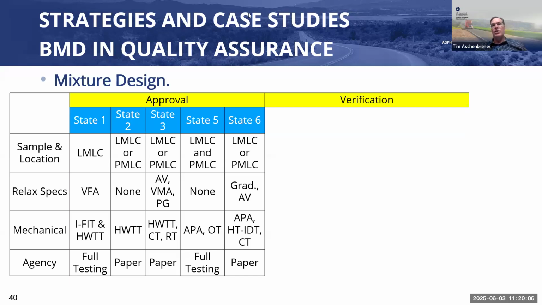At the time of bidding, the contractor can decide whether they want to use reheated samples or no-reheat samples. And based on the contractor's selection, they have different criteria. If there's a reheated sample, the criteria is a little lower. If there's no reheat, the criteria is a little higher.